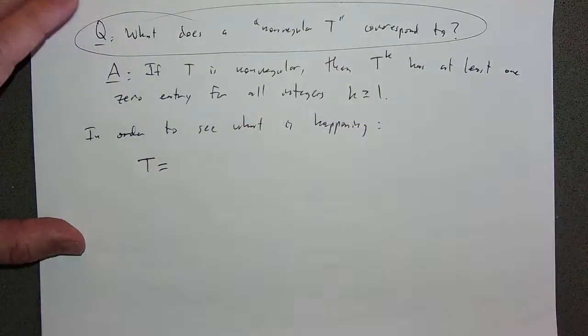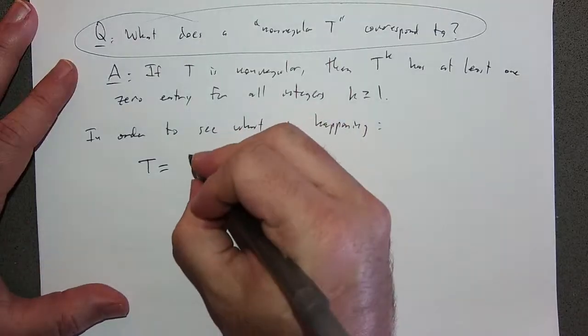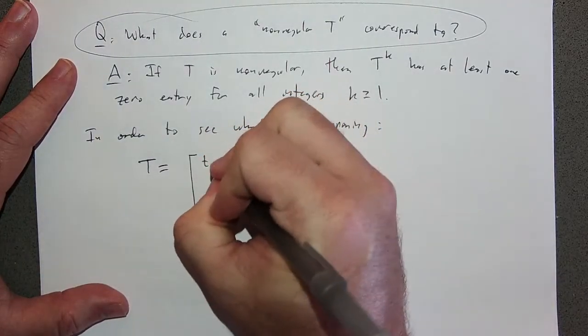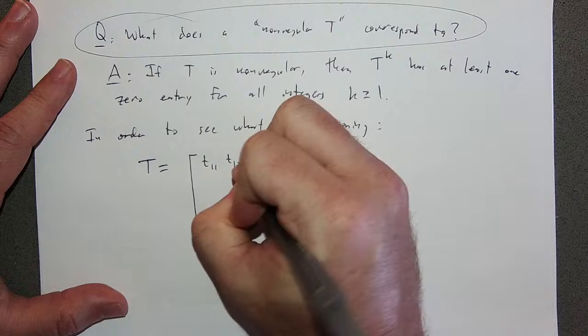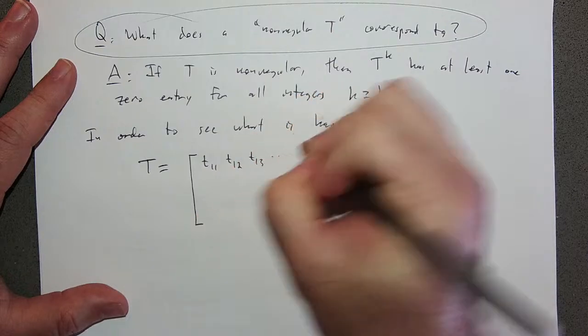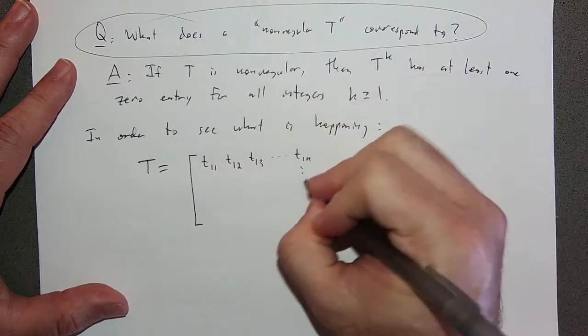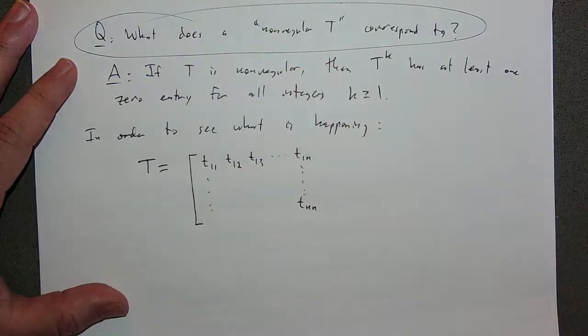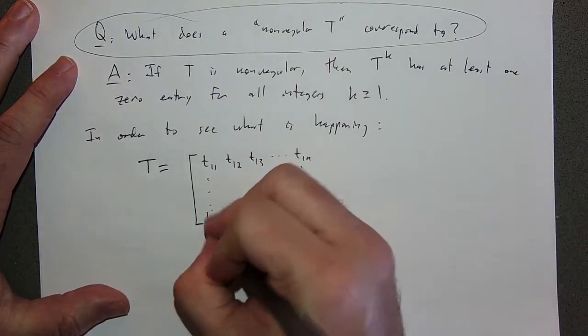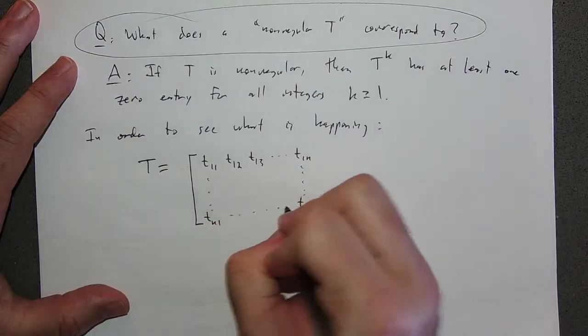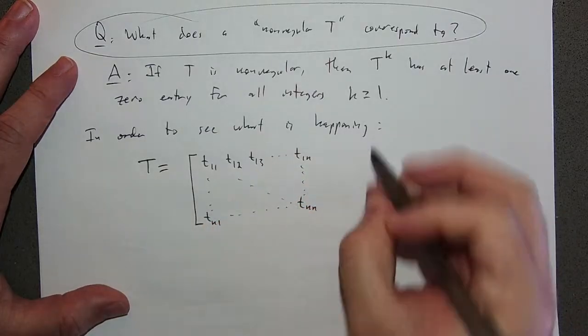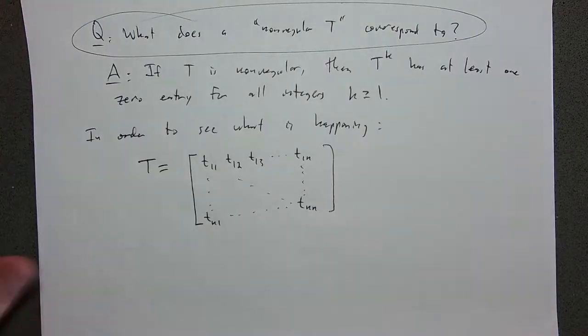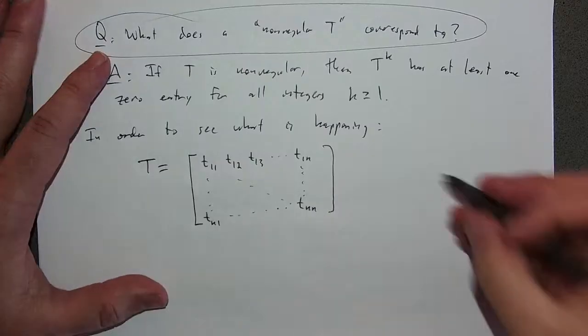Let's write out our generic transition matrix T, and let's use the notation we used previously: T sub 1,1, T sub 1,2, T sub 1,3, and so on, out to T sub 1n. This goes all the way down to T sub n1, and all the way over to T sub nn. So this is my typical matrix notation here. Now, what do we know?